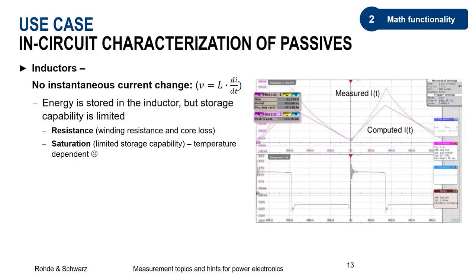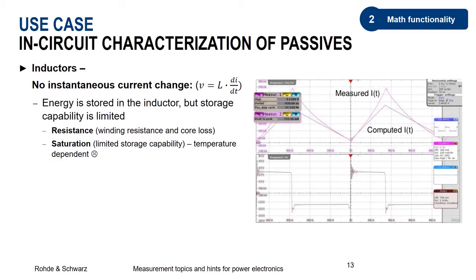So the number 1 topic is in-circuit characterization of passives. This is something that I think is always interesting to power electronics engineers, because you want to understand how the passive behaves in the circuit in real life. And for inductors, one of the topics here is, for example, saturation.